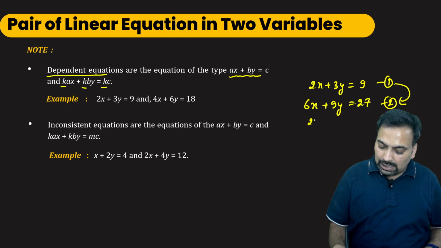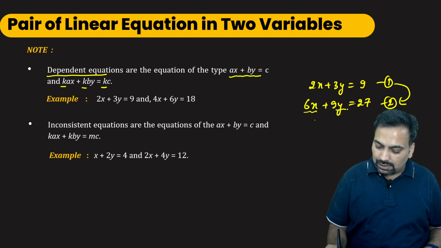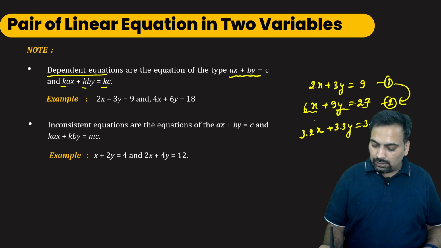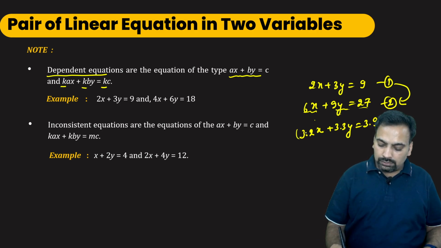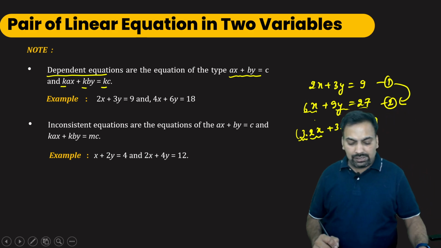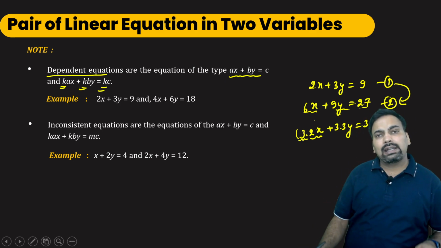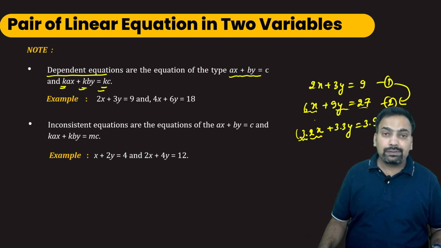Look here, if I write the second equation like this: 3 into 2x, 3 into 3y, 3 into 9. Means this equation is like our first equation. So when you multiply any equation by k on both sides, that will convert into a dependent equation.